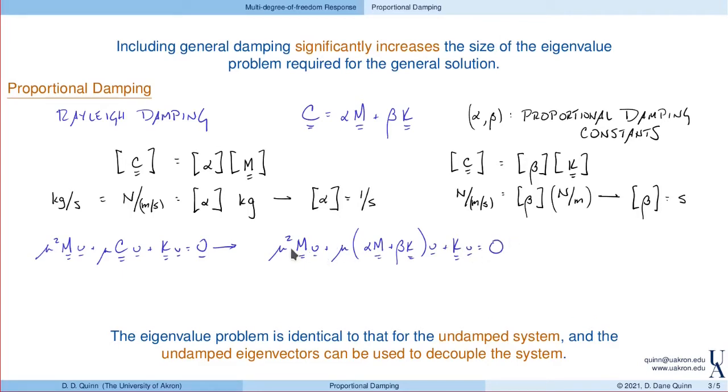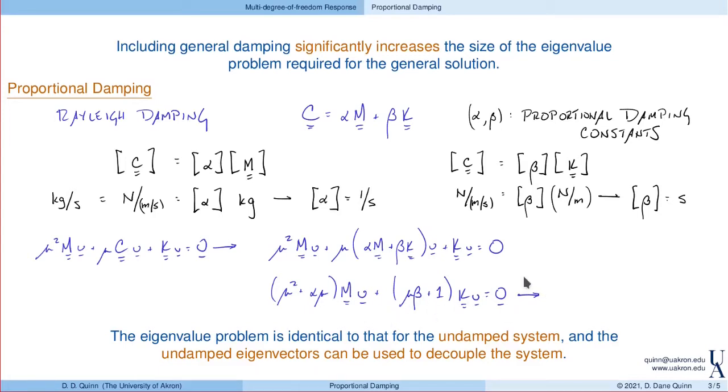And so we can actually combine the mass terms and the stiffness terms. When we do that, this simplifies to mu squared plus alpha mu times the mass matrix, u, plus now mu beta plus 1 k times u is equal to 0.